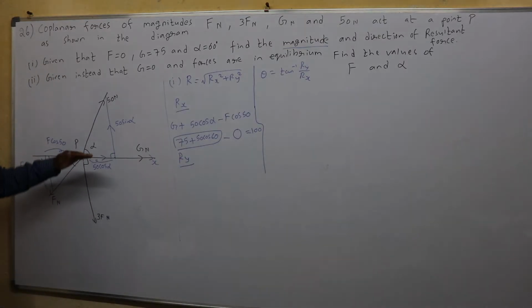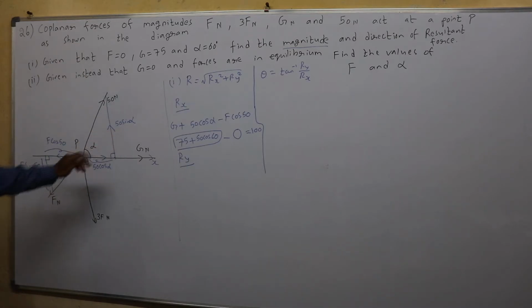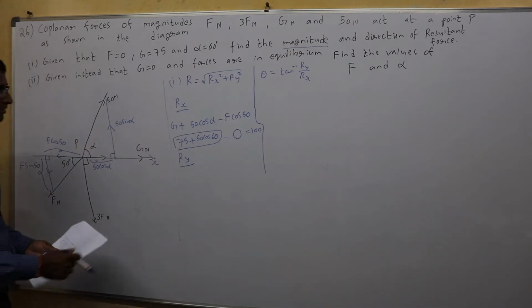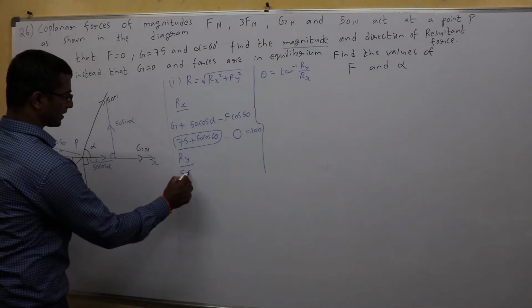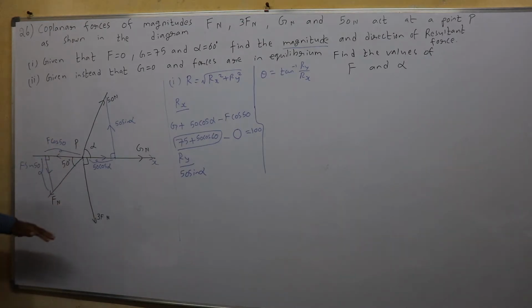Now let's find Ry. What all are acting on the positive y-axis? Only 50 sin alpha, nothing else in the positive. So it is 50 sin alpha. What all are acting in the negative y-axis? 3F is acting down, F sin 50 is also acting down.